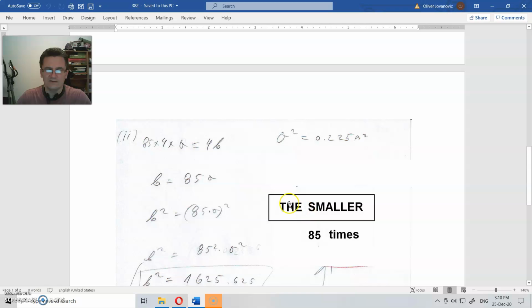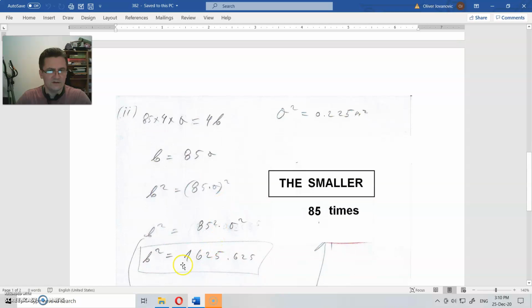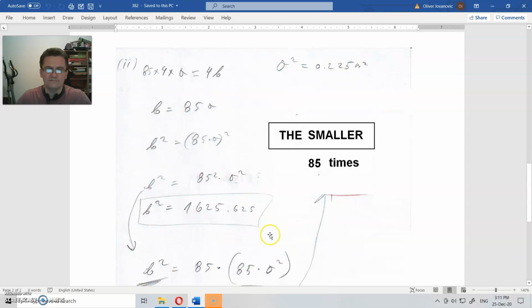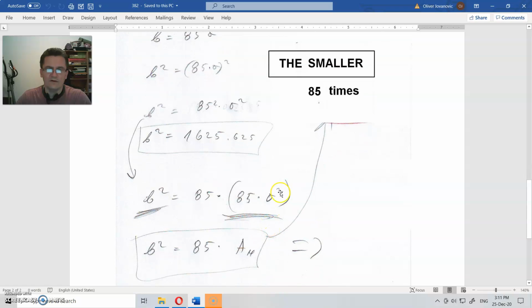Okay, so B squared is when you square both of these sides, and we have this to be B squared and this to be 625 meter squared, or in other words, 85 B squared is 85 A squared, and we already had this in the previous assignment, that to be AN.